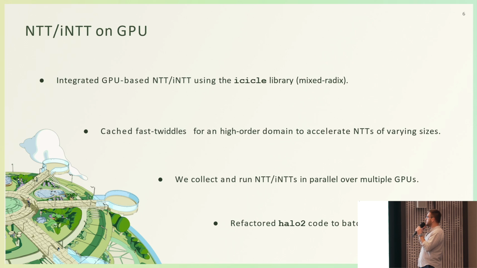Again, we used the ICICLE library, the mixed radix algorithm in particular. We cache fast twiddles, which are constants used in the NTT transform. Once those are cached, we can accelerate NTTs of different sizes. And as for MSM, we collected independent NTTs and inverse NTTs so that we can spread them over multiple GPUs and use batch FFT.